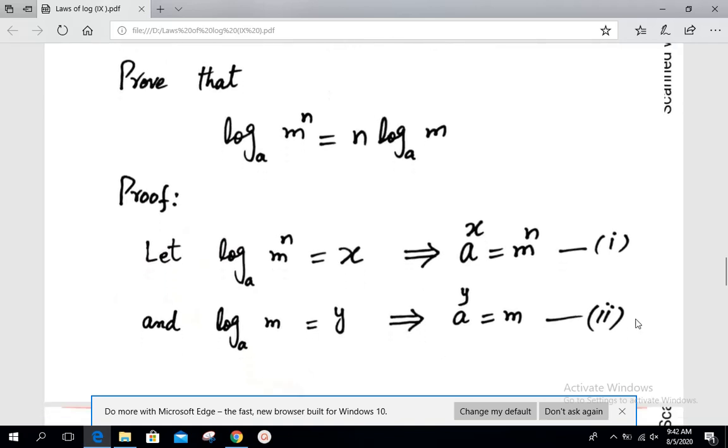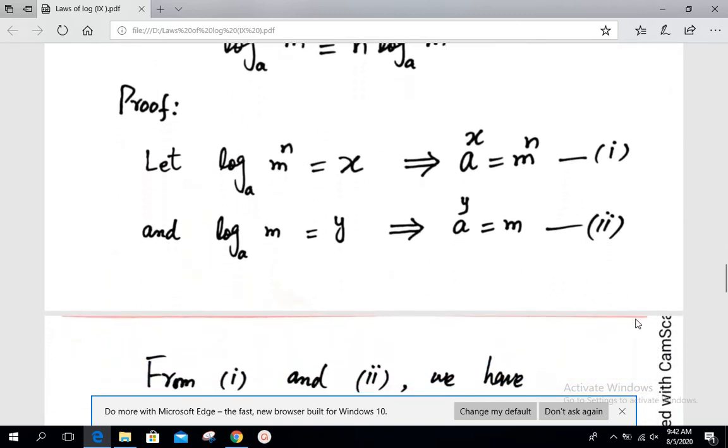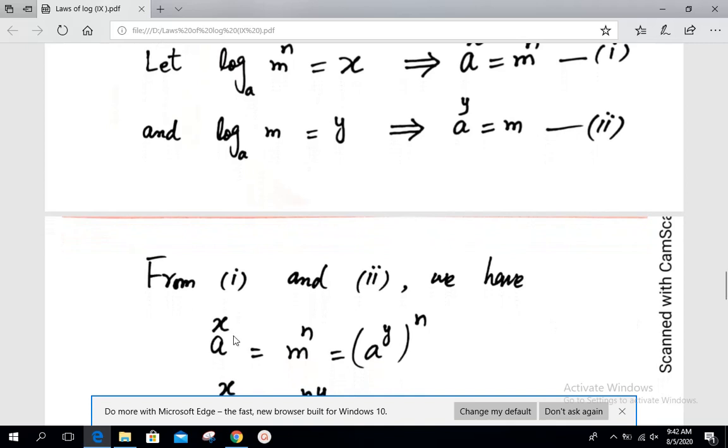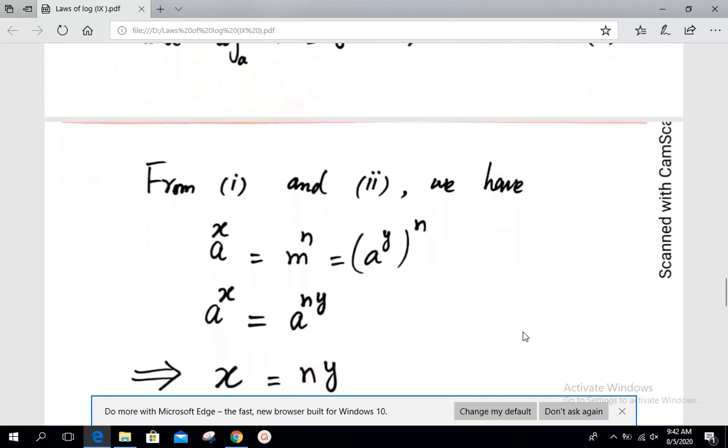Now utilizing both the equations, that is, from 1 and 2, in number 1 a power x was m power n. In number 2 the value of m is a power y, so we replace m by a power y, whole power remains the same. You know the rule, power of a power, they are multiplied. In the next step on the right hand side it becomes a power n y.